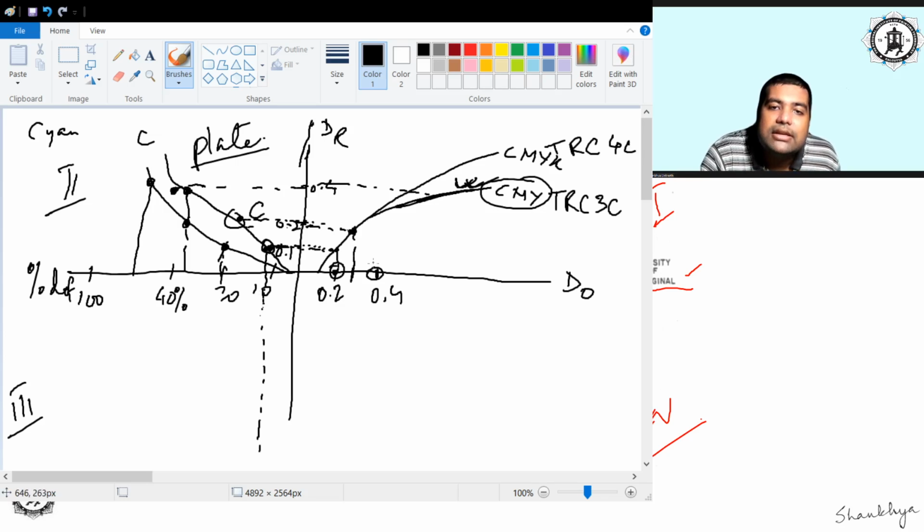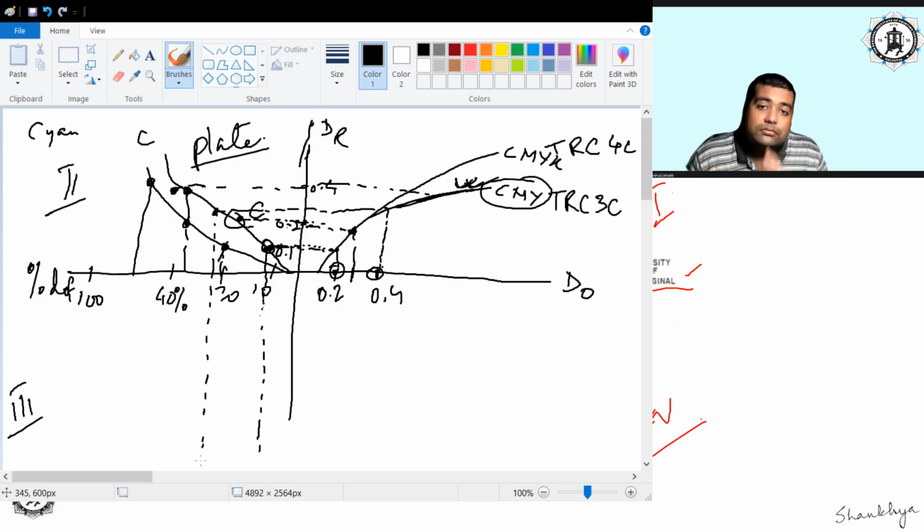Similarly, for another point, you want to find out what dot percentage in your film is required to reproduce a density of 0.4 after printing. How to do that? For 0.4, you go up, then move left. There you will hit the cyan plate curve over here. Then similarly you go down and continue drawing the line over here.